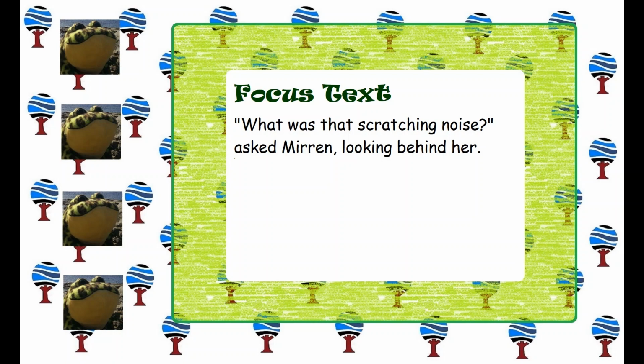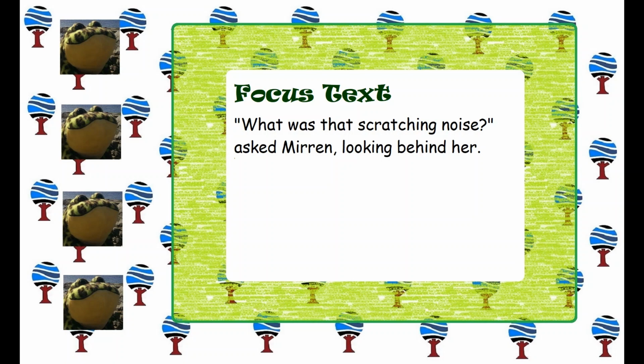So we have speech marks, capital letter, "What was that terrifying noise?" question mark, speech marks. We then finish that off with the reporting clause that's telling us who's speaking and what they're doing. We have asked Mirren, looking behind her. Finish the sentence with a full stop. And that is the way that we traditionally do speech.